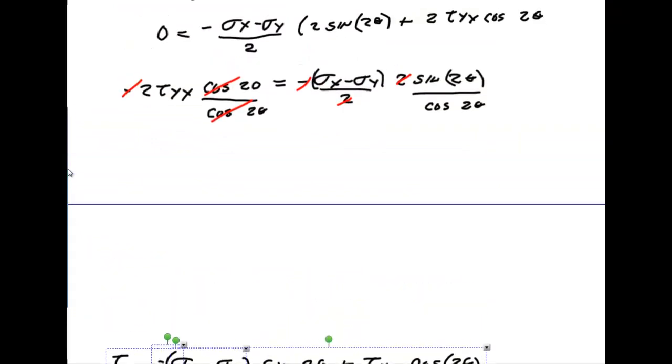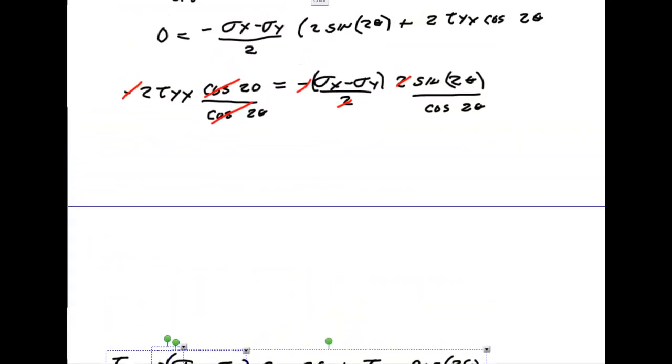Okay, come back to this equation. Let's see if we can go ahead and simplify this a little bit more. Alright, so now move this down. And let's see what I get when I do that. I will get 2 times my shear over my normal x minus normal y.